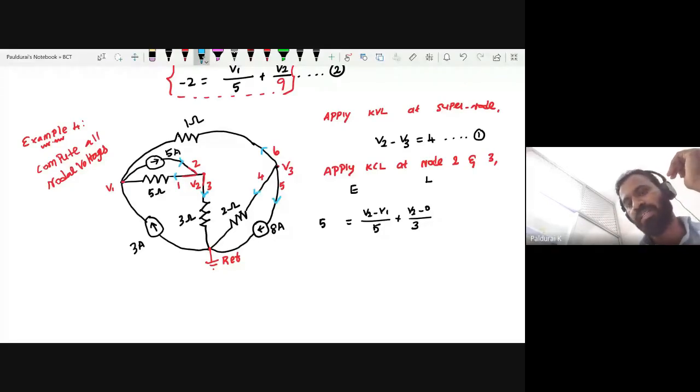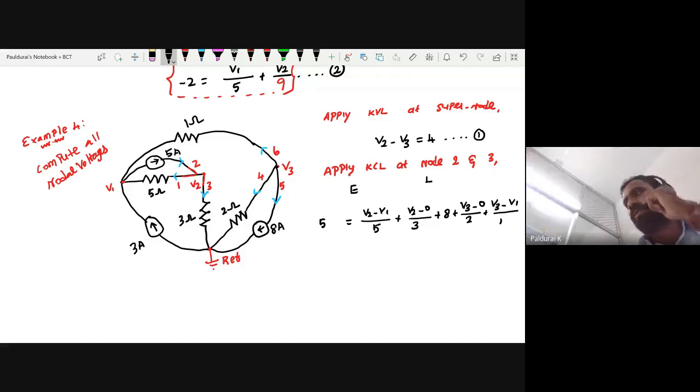So plus 8 plus, right away I am writing V3 minus 0 by 2 plus V3 minus V1 by 1. You simply manipulate, then you will get a final equation. So totally 6 terms are there. Just to verify: 1, 2, 3, 4, 5, 6. Yes, 6 is there.